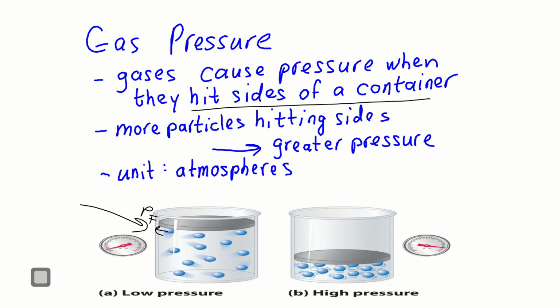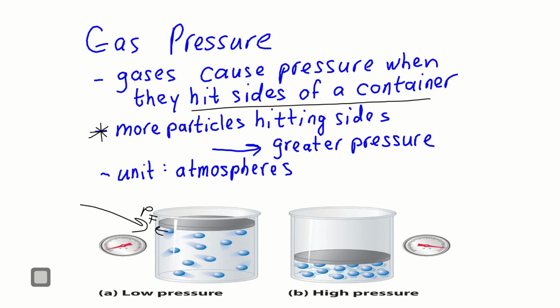It's what happens when you blow air into a balloon. Basically you're blowing in millions and millions of quadrillions of these air particles, and they're all pushing against the sides of that balloon, causing that pressure very quickly. The more particles that hit the sides, the greater the pressure.